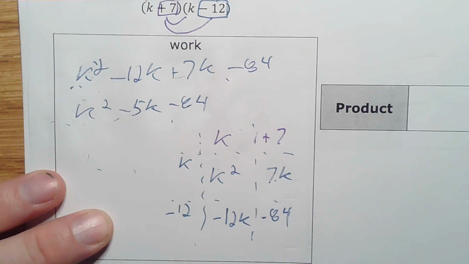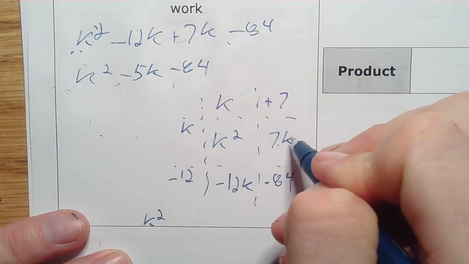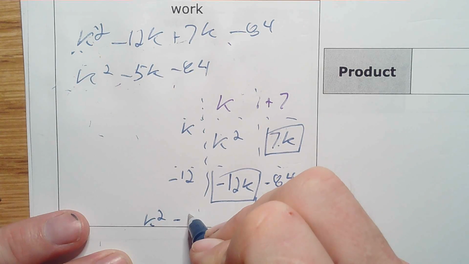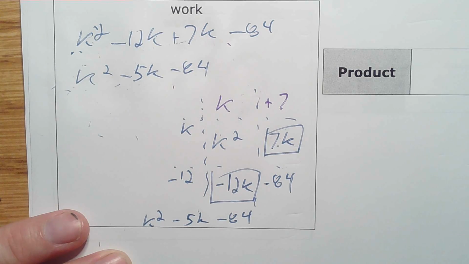That's the correct answer there. And then here we go, we do the same thing here. We got our k squared, and then our plus 7k minus 12k is going to be minus 5k, minus 84. And that's our answer for that one there.